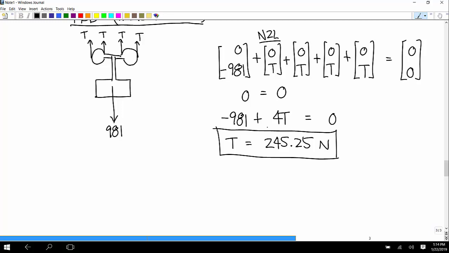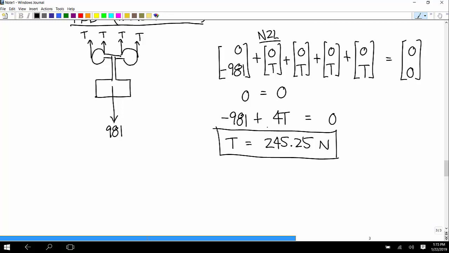So if you set up this configuration with a mass that's being supported by hanging pulleys, and it's being lifted relative to two other pulleys that are connected to the ceiling, and well, it doesn't have to be two. You just have to have the same number of hanging pulleys that you have pulleys attached to the ceiling.